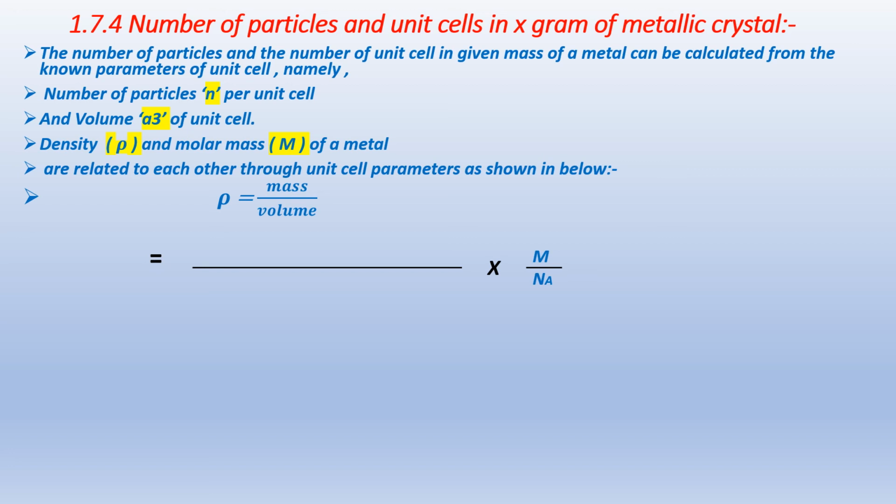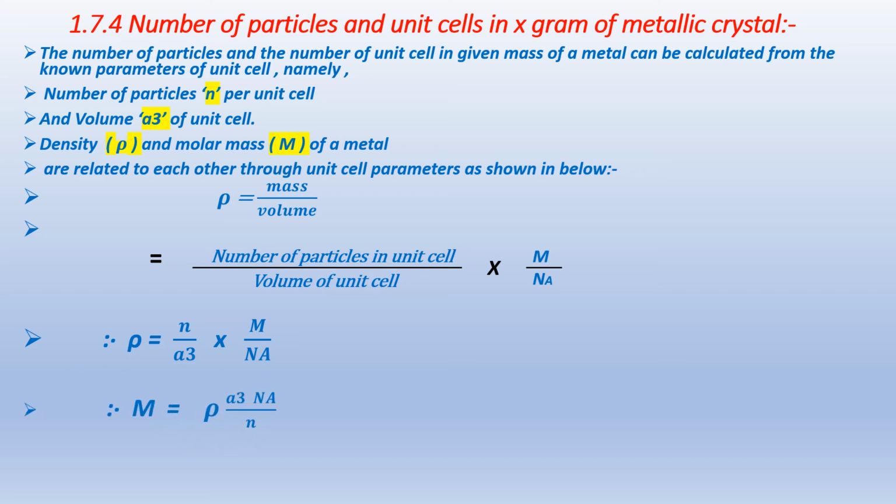What is the density? Rho is equal to mass upon volume. We know that. Then, rho is equal to the number of particles in the unit cell upon the volume of the unit cell, into M upon Na, where Na is the Avogadro's number. Therefore, rho is equal to small n upon a cube into capital M upon Na.